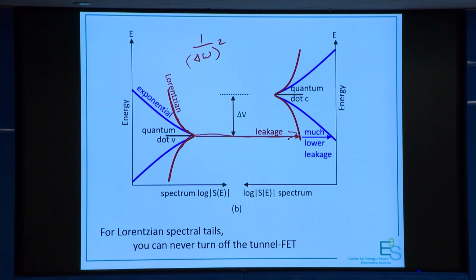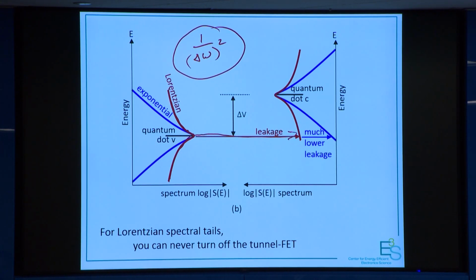I try to turn it off, but the density of states is just falling off much too slowly. So it's hopeless. If you were truly a believer in Lorentzian line shapes, which my experience is that most physicists believe in, you might as well give up on the tunnel FET. So there had better be some way to solve that.